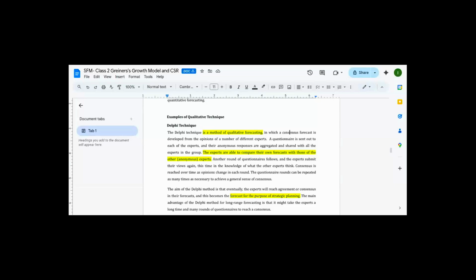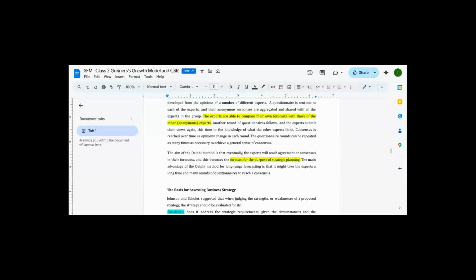In the Delphi method, a questionnaire is sent out to each of the experts, and their anonymous responses are aggregated, because we don't allow them to know each other. That's why we call it anonymous responses. We aggregate these independent expert opinions together.